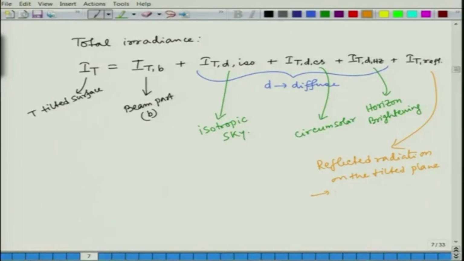Ground reflections are somehow taken into the horizon brightening and the isotropic component of the diffuse radiation, but the last term, the reflected term, is coming from non-ground reflections or from particular objects.